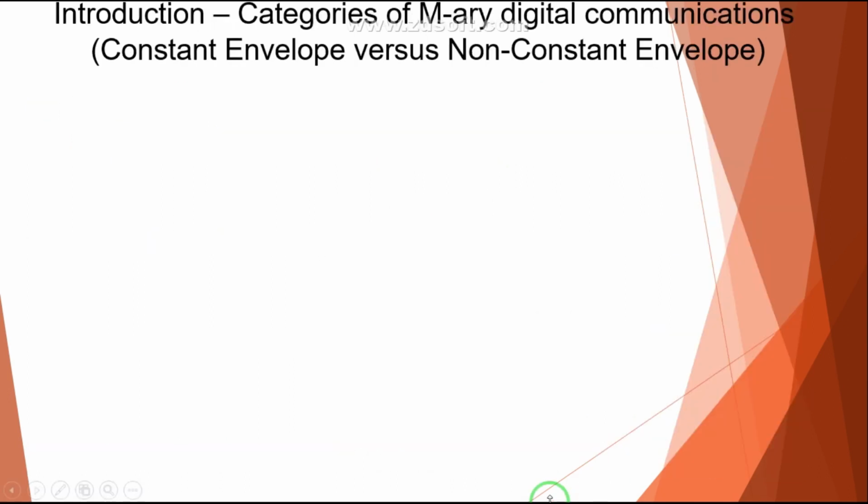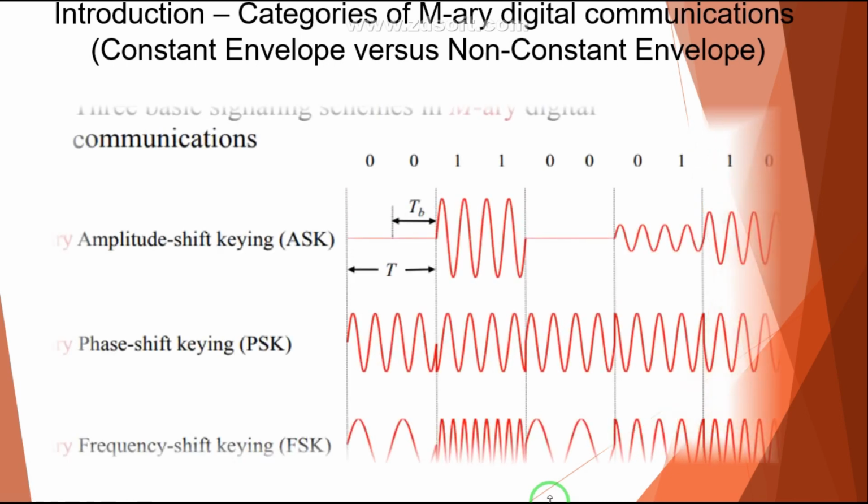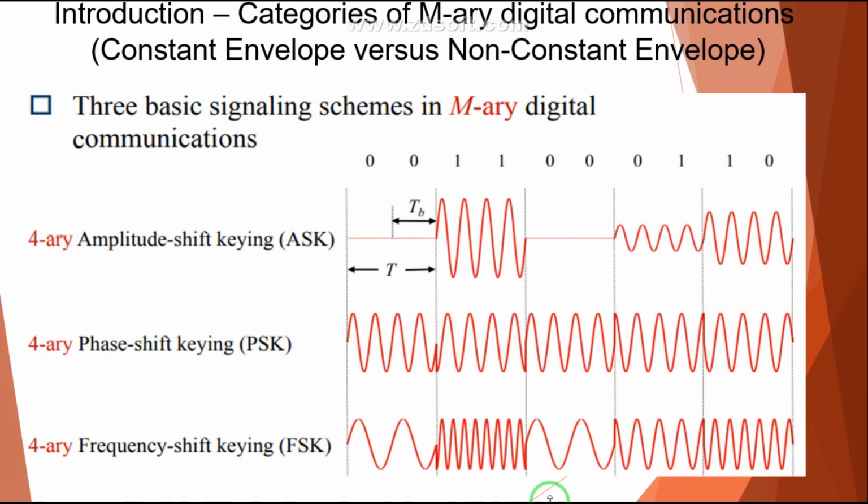The next category of M-ary digital communication is constant envelope versus non-constant envelope. Constant envelope means the envelope amplitude remains the same, as in BPSK as well as FSK. That's why this is called a constant envelope technique.